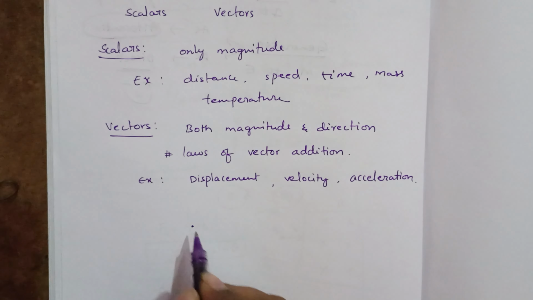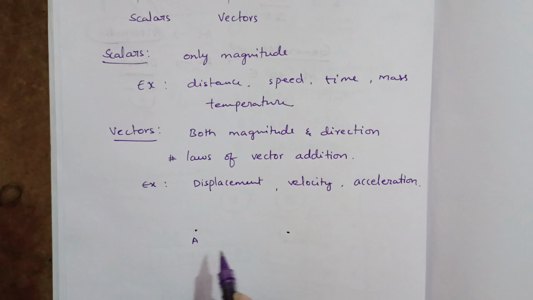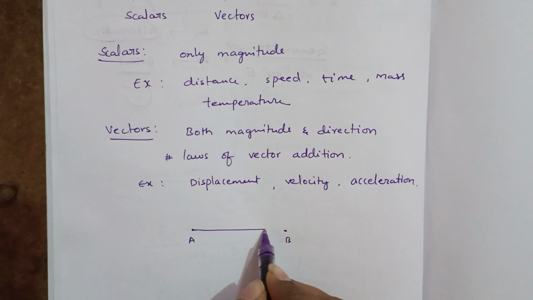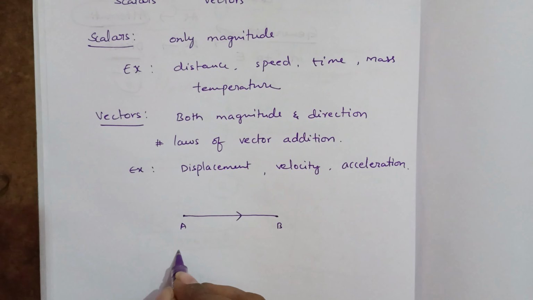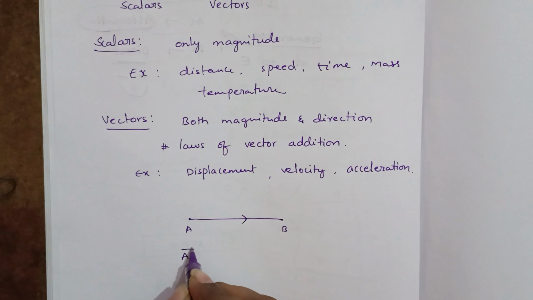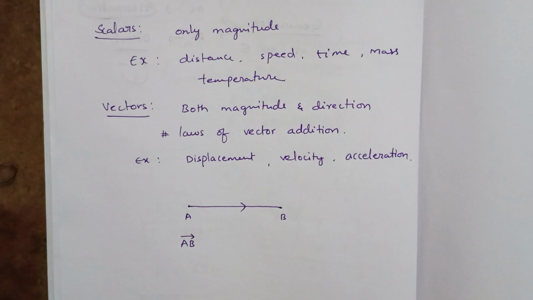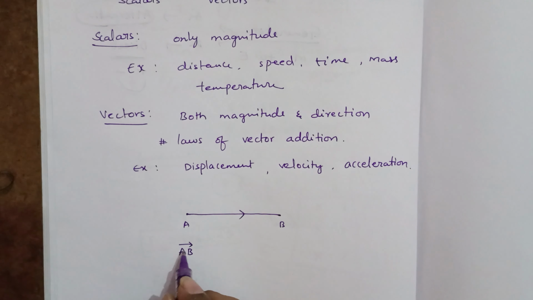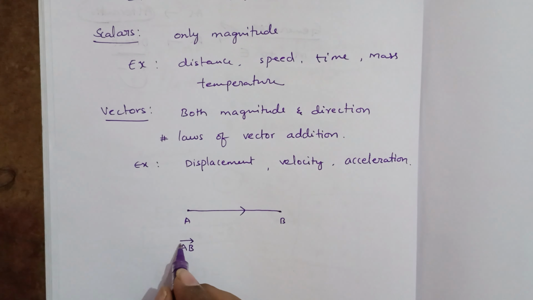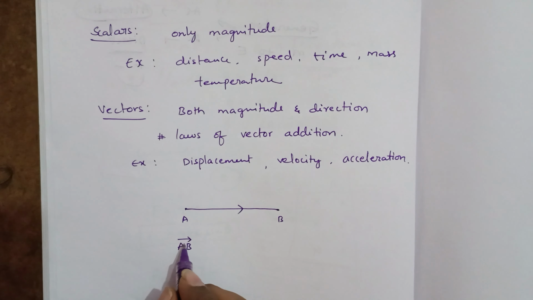Now a vector moving from A to B in this direction can be represented as AB bar, with an arrowhead. The arrow indicates direction, and the length of the line segment indicates magnitude.